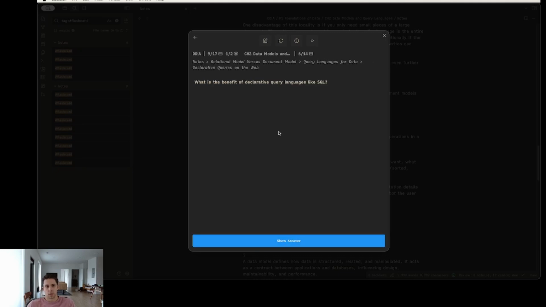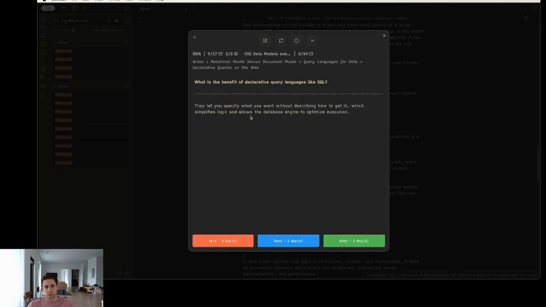That's good. What is the benefit of a declarative query language like SQL? A declarative language like SQL says what you want, but not how to get it. This means you can abstract the implementation details away from the user and automatically optimize the accessing of data, the read.